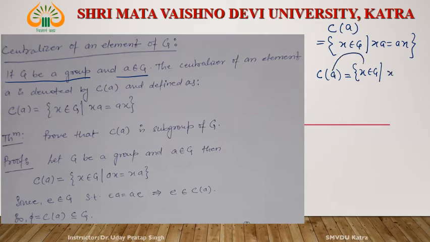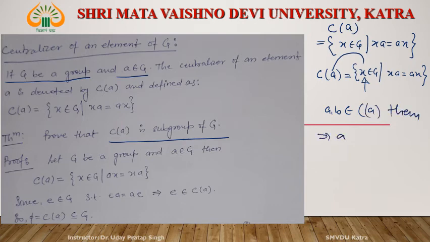It means xa is equal to ax. Such a collection of x is known as the centralizer of a. Right? Now see whether C(a) is a subgroup of G. Again we have to prove that if a, b belong to C(a), then ab inverse belongs to C(a). Right?